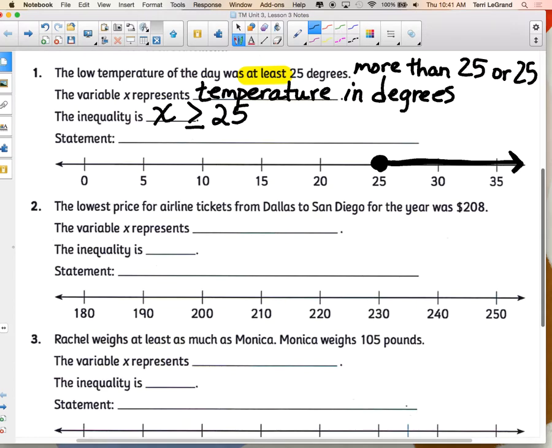Okay, so we are going to now say we're feeling confident with our inequality statement because we graphed it. We picked a number from that region and we said 30 is at least 25 degrees, so we can say x is greater than or equal to 25. We want to keep practicing what those statements say.